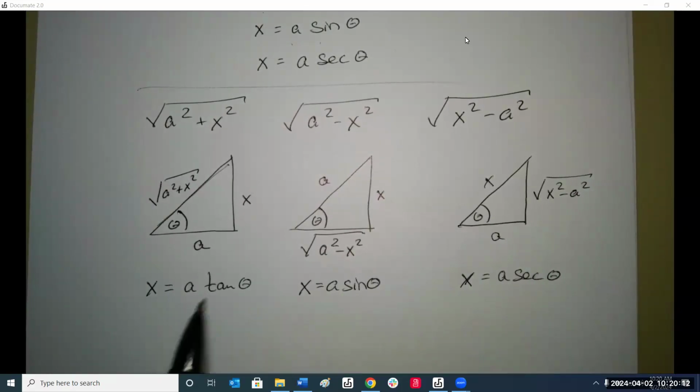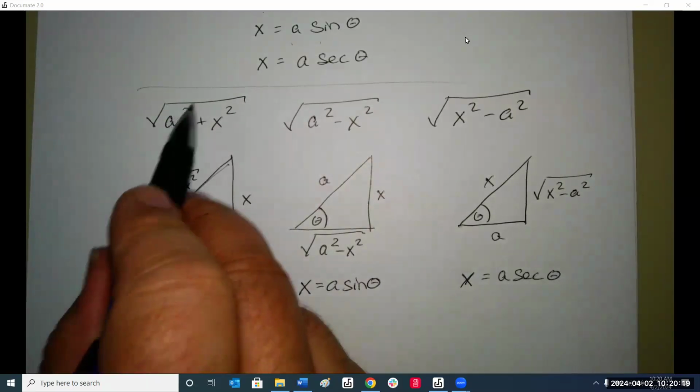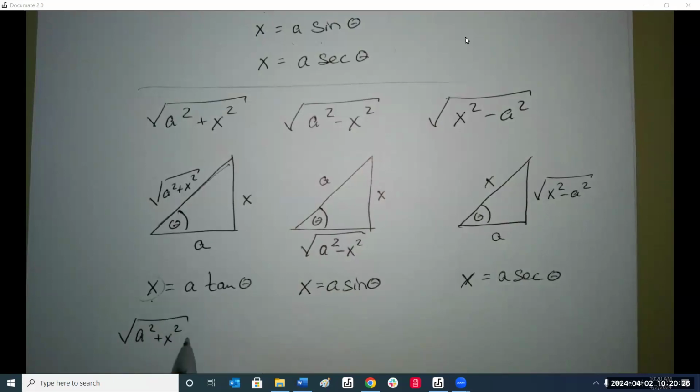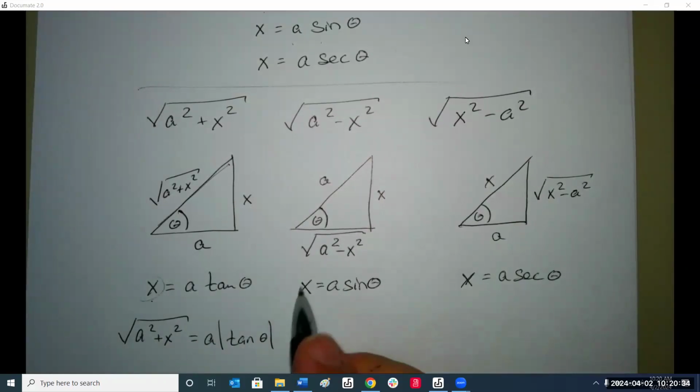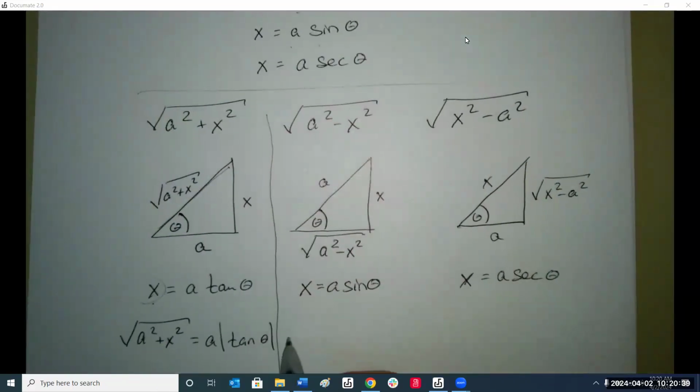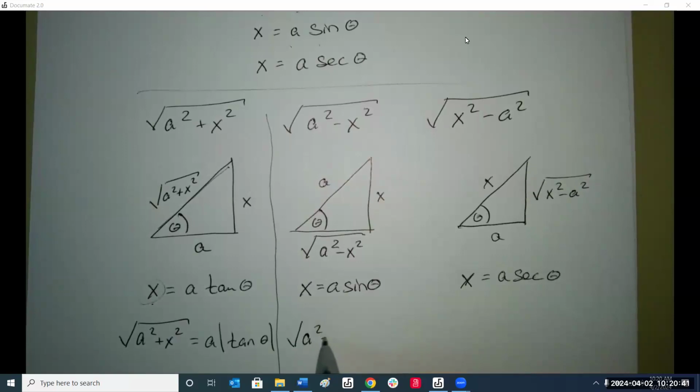So what we're looking at here is, instead of x, we're going to use the square root of a squared plus x squared. That equals a times the absolute value of the secant. And this one, instead of x, we'll use the square root of a squared minus x squared.